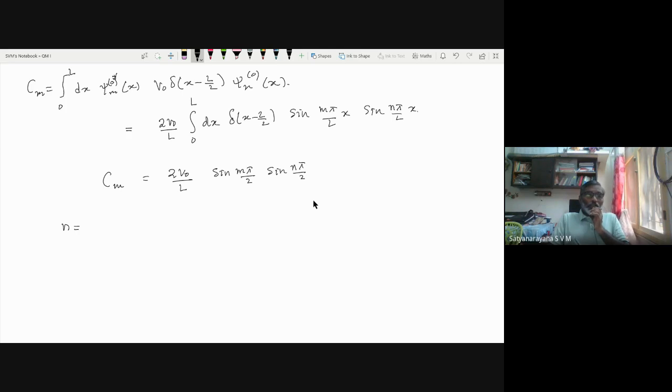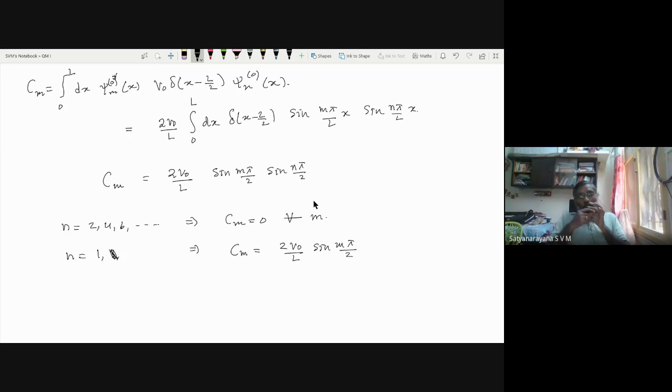So if n is 2, 4, 6, etc., that implies Cm is equal to 0 for all n, because this sine n pi by 2 will become 0. On the other hand, if n is equal to 1, that implies your Cm can be written as 2v naught by L into sine m pi by 2.